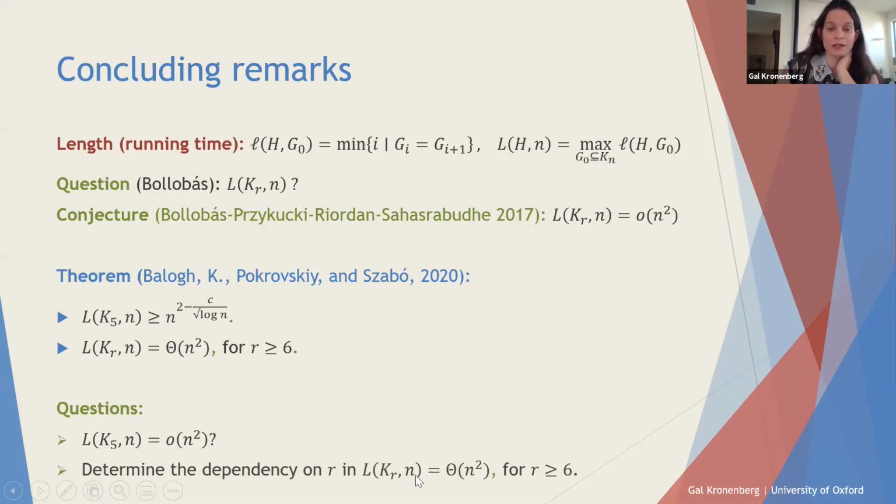So another maybe interesting question will be to determine the right dependency and not have just a global constant for all R at least 6. So to really understand what happens here in terms of R. Okay, so these are two nice questions to continue thinking of.